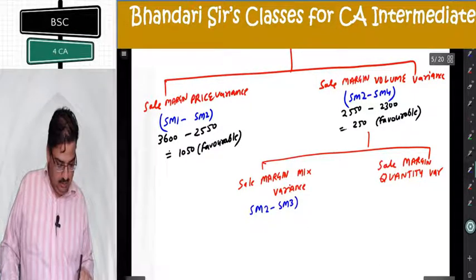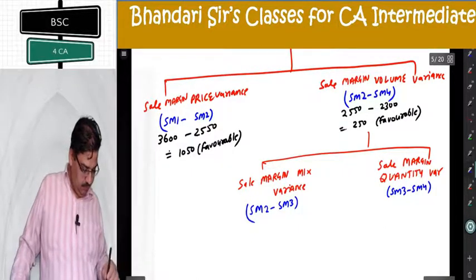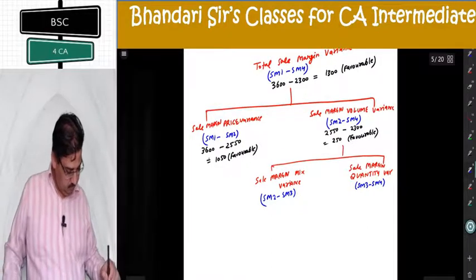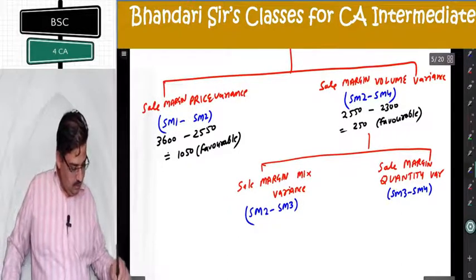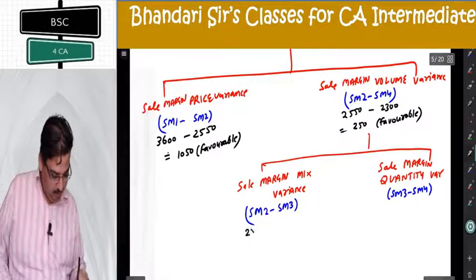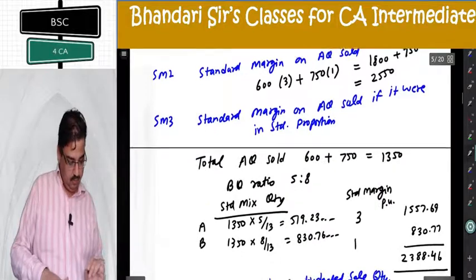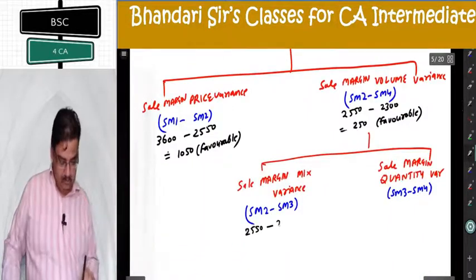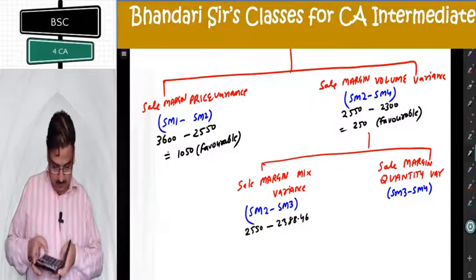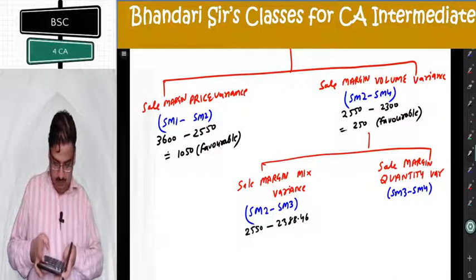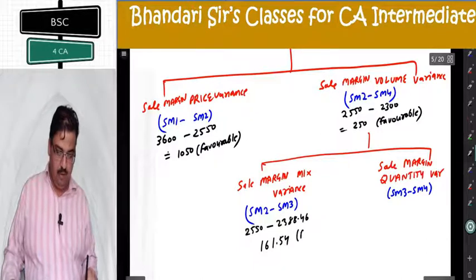SM2 minus SM3, SM3 minus SM4. SM2 minus SM3, 2550 minus SM3 we computed 2388.46. 2550 minus this, 161.54 favorable.